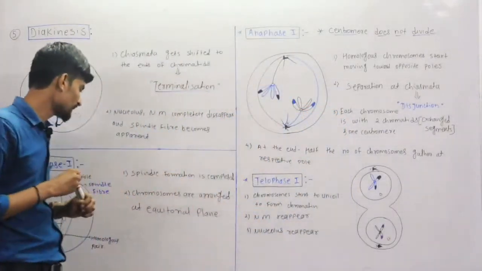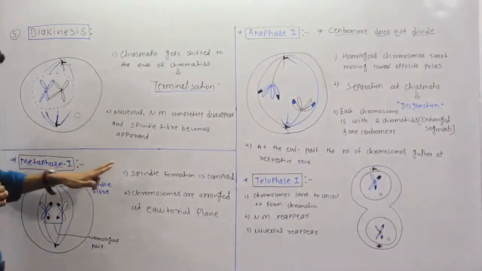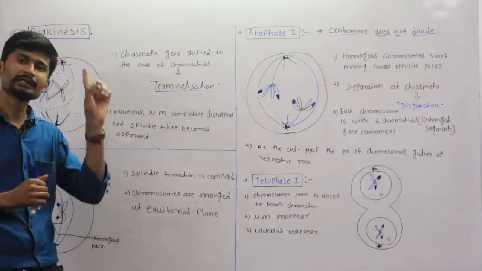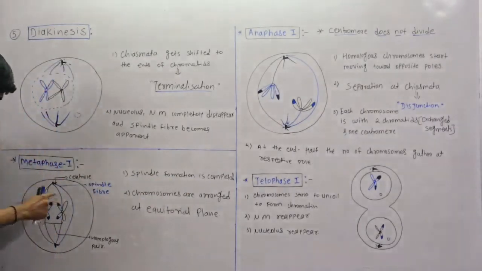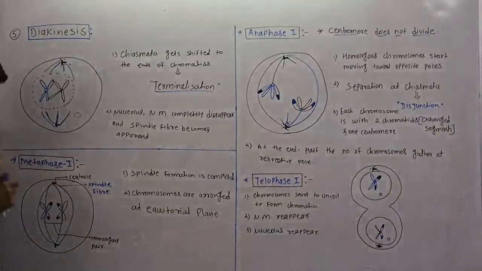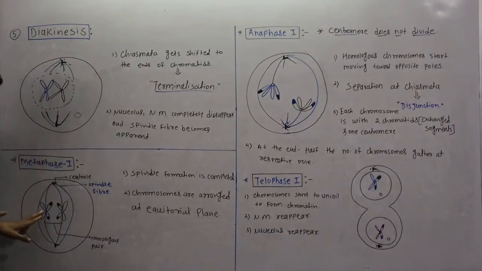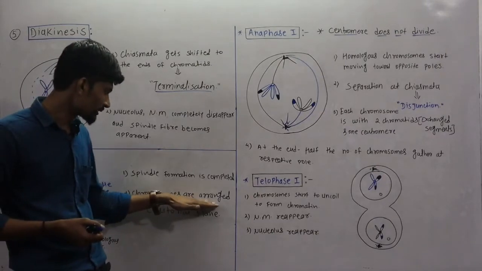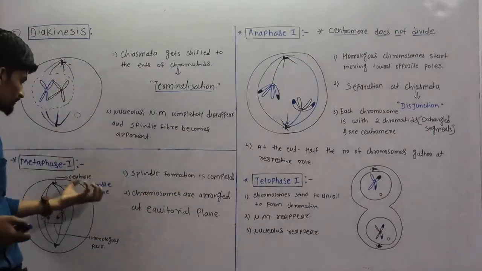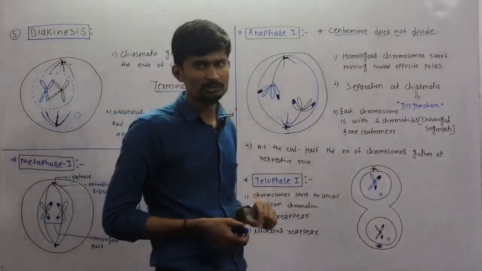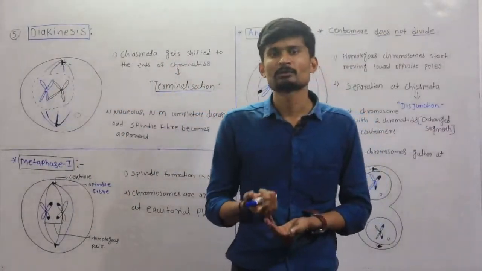So what happens in metaphase first? Spindle formation is completed in metaphase first. The spindle fibers are complete and they get attached to the centromeres, and chromosomes are arranged. We have seen the metaphase in mitosis.